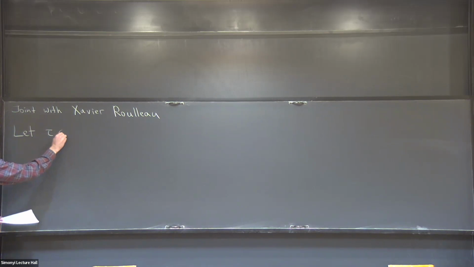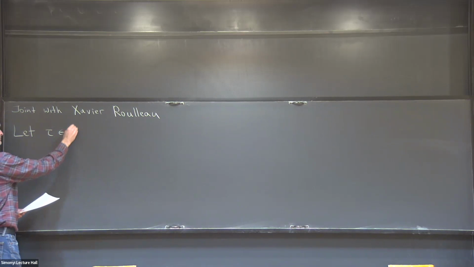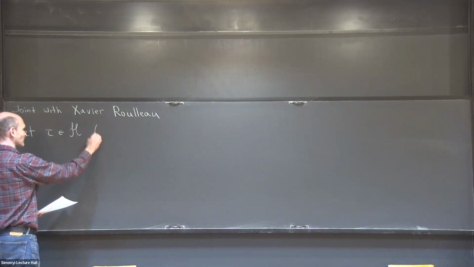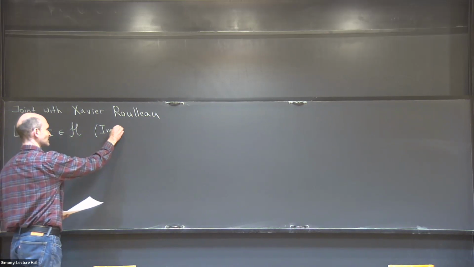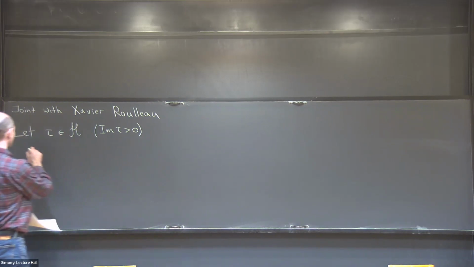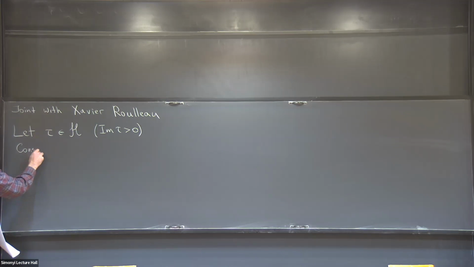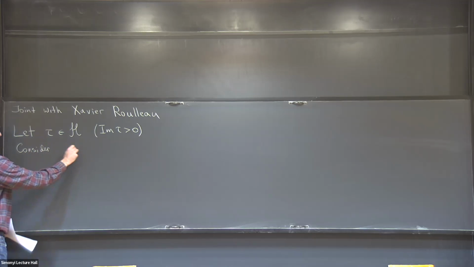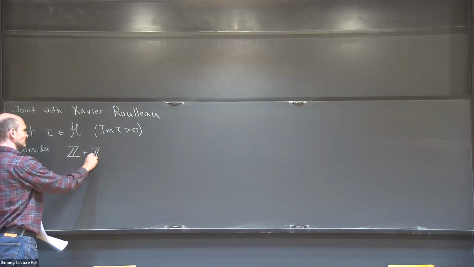Suppose I have a complex number tau in the upper half plane. In other words, its imaginary part is positive. And then I want to consider the lattice Z plus Z tau.